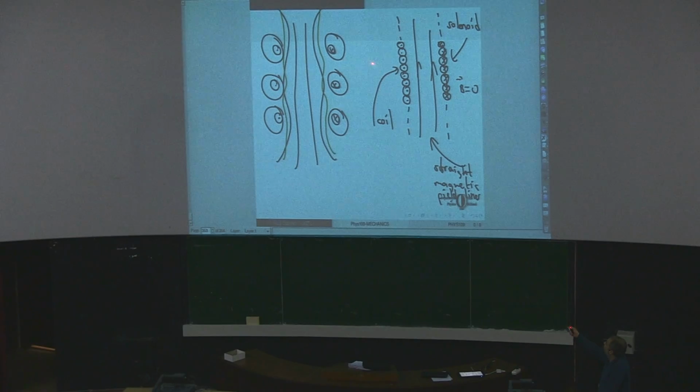If you just take an arbitrary point over here, it will receive contributions from all these currents in one direction. It will also receive contributions from all these currents in the other direction. And since they are infinite, their contributions will be equal in magnitude, and they will cancel each other.